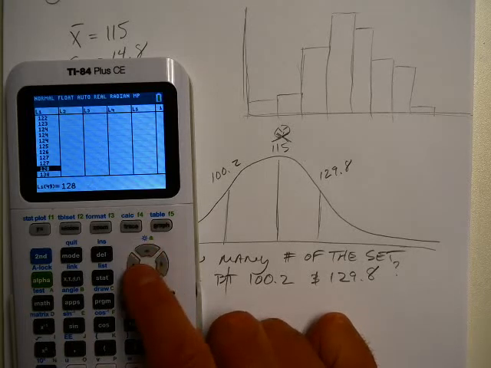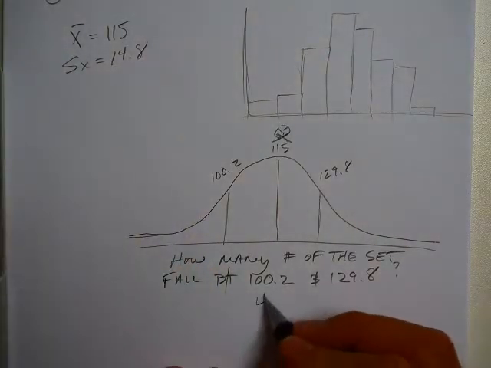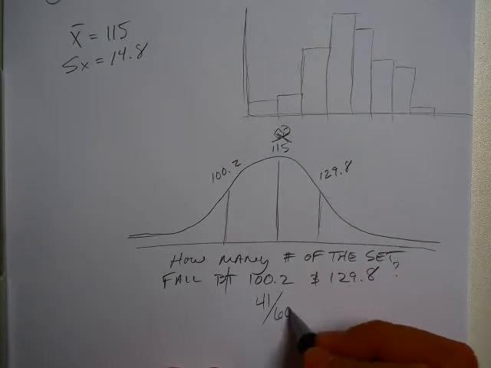So 30 plus 11, I've got 41 numbers that fall between these. So 41 out of 60.